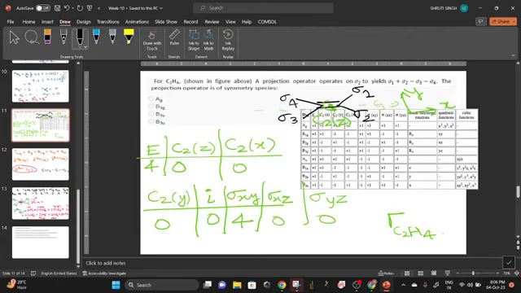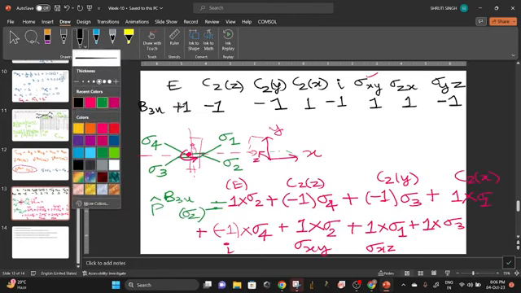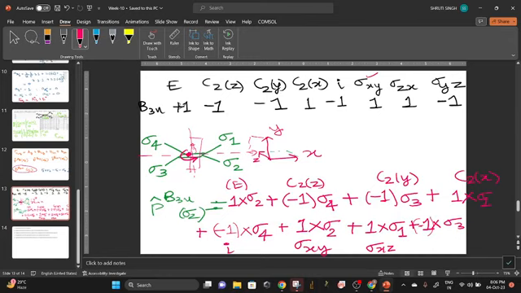See the character table? Yes, for sigma yz the character is -1. So here we have to multiply it with minus. Now you see, sigma 2 and sigma 1 are plus, sigma 4 and sigma 3 are minus.